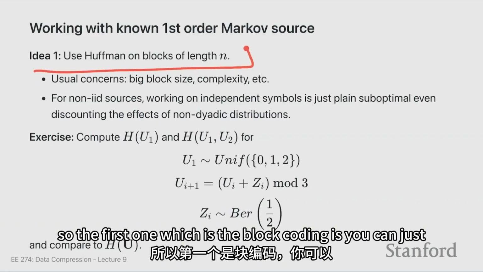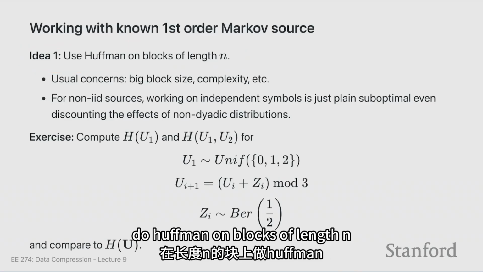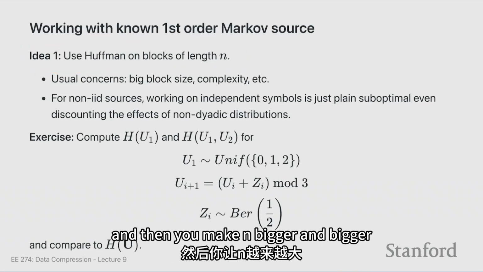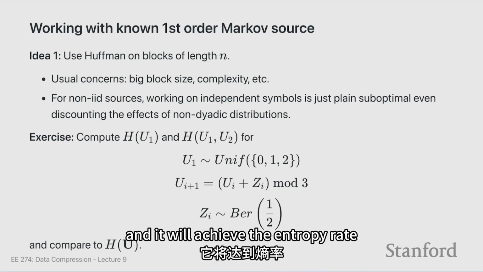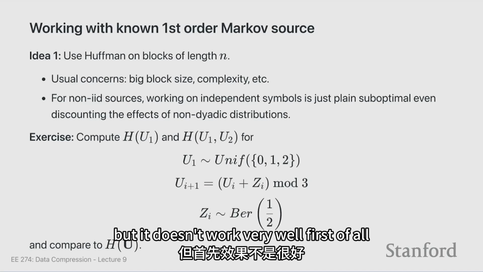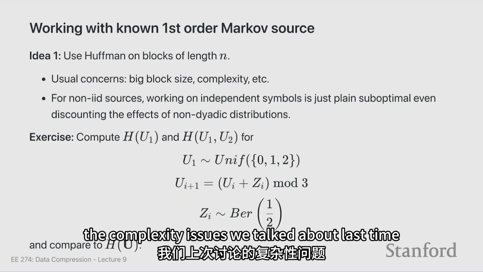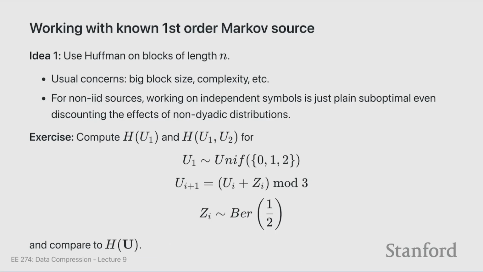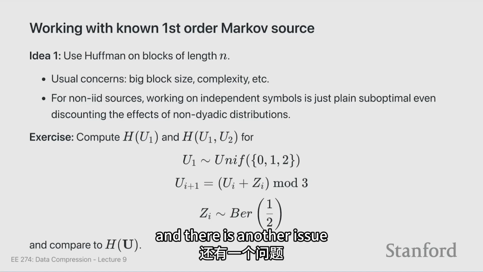So the first one, block coding, is where you can just do Huffman on blocks of length n, and then you make n bigger and bigger, and it will achieve the entropy rate. But it doesn't work very well. First of all, you can't make the block size too big, because of the complexity issues we talked about last time. And there is another issue.